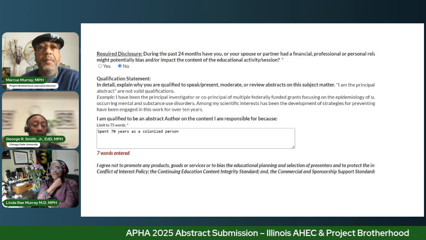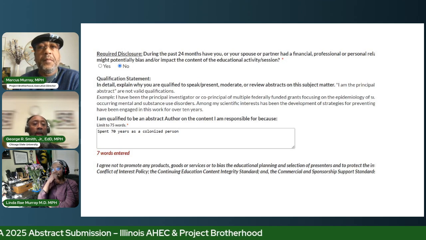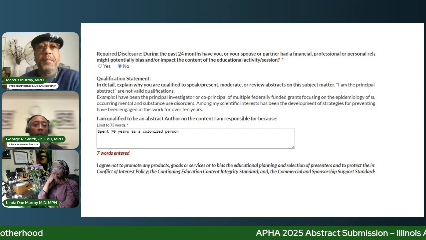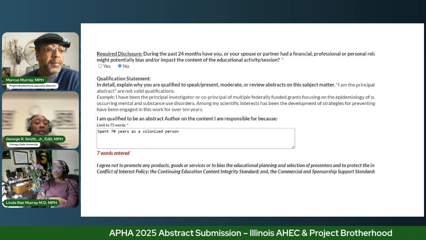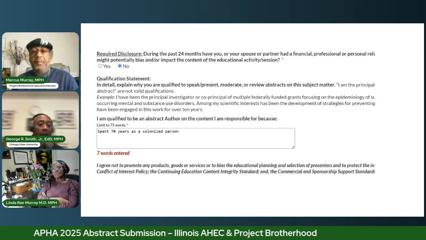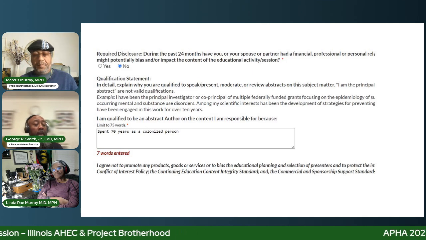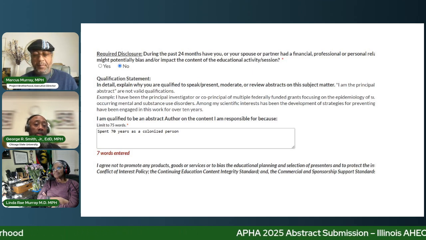So this is one thing too right here that is very important. You're required to disclose, and then you have to give a statement of why we should consider you qualified to be someone who submits an abstract. People may not have an academic career, but let's just say you've worked with people who have substance use disorders.